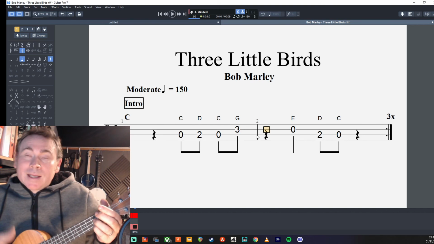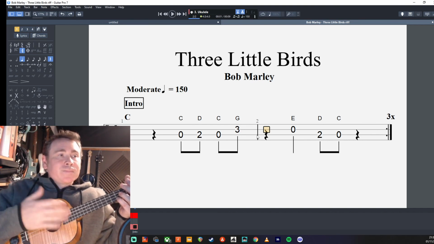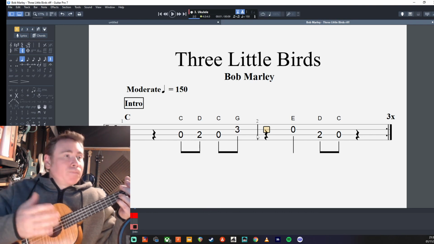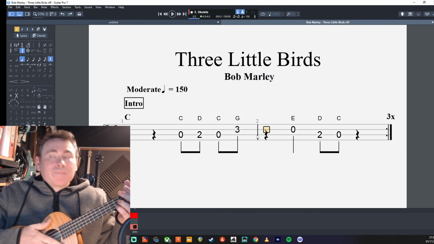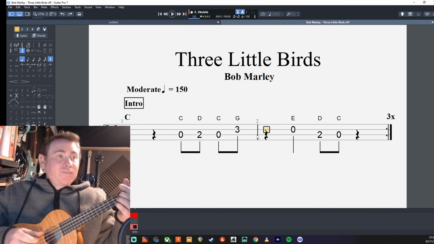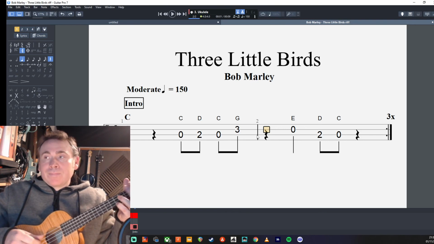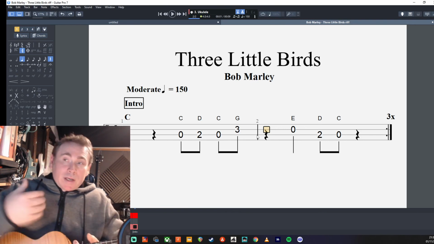Now, you're not going to play the chord and the riff at the same time, but if you've got someone doing this, or just a basic offbeat reggae rhythm underneath, that's just played over the C chord.